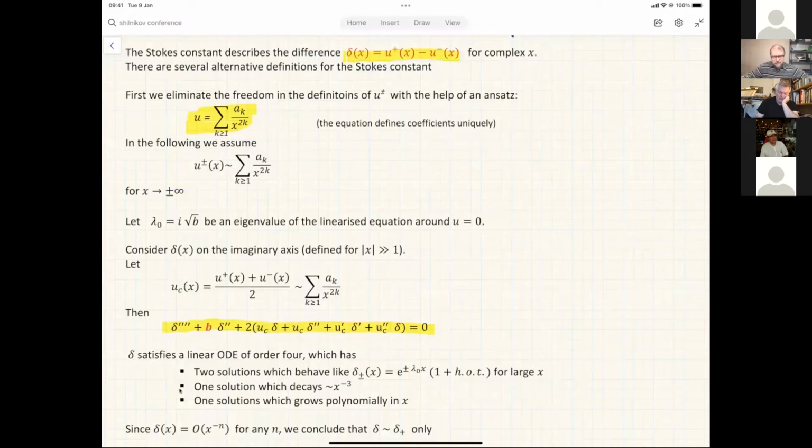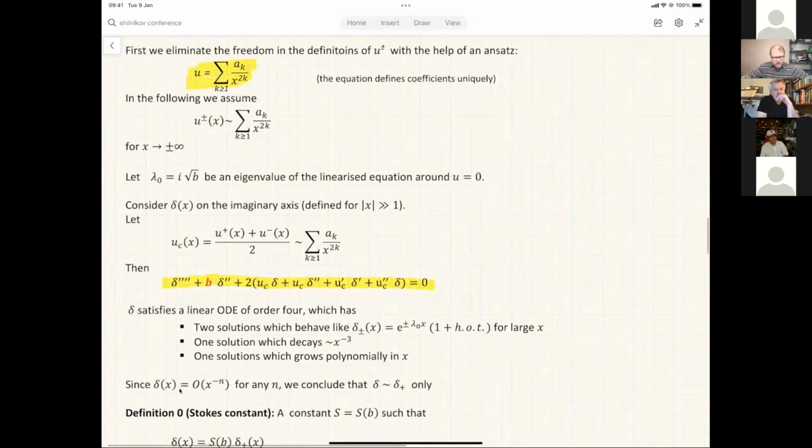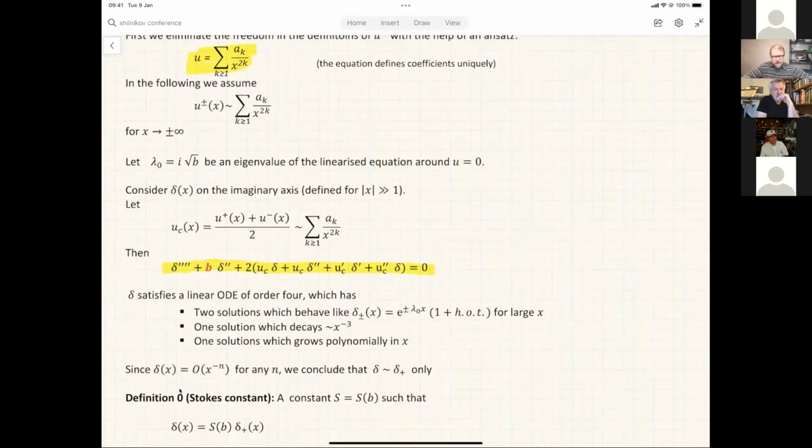fundamental solutions of the same equation, actually is proportional to only 1, the one which decays exponentially along the imaginary axis. This is delta plus if we go upwards, and delta minus if we go downwards. Consequently, there is some constant s such that delta of x is equal to this constant s times delta plus.